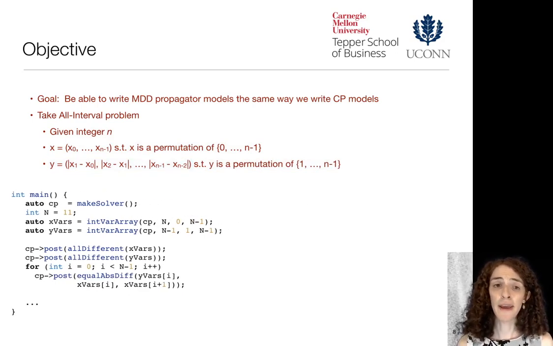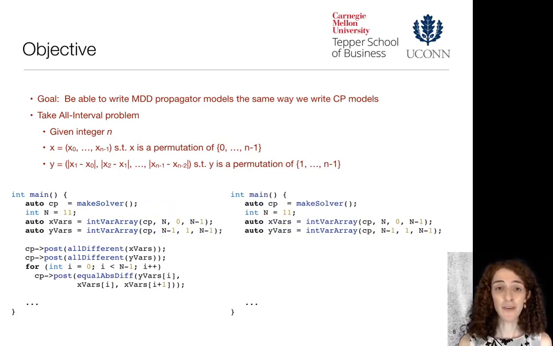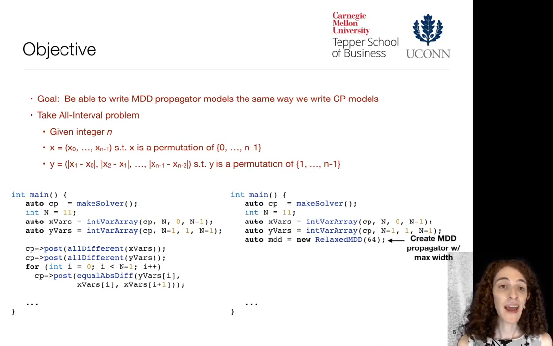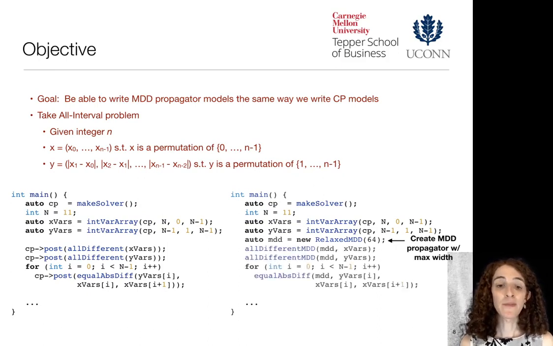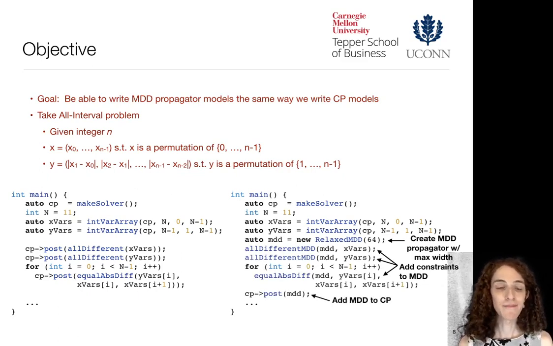An MDD propagator model can follow a similar structure. You would still use a CP solver and your variables, but you introduce an MDD propagator that has a maximum width, and instead of adding those constraints directly to the CP solver, you add them to the MDD propagator, and then add the MDD propagator to the CP solver.